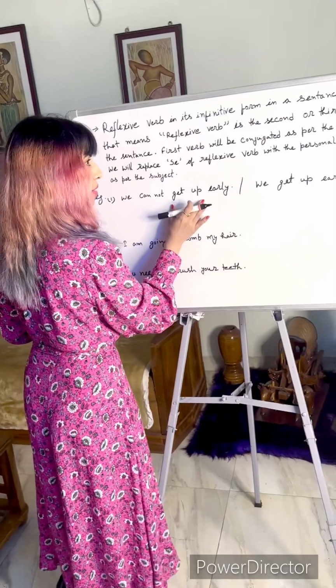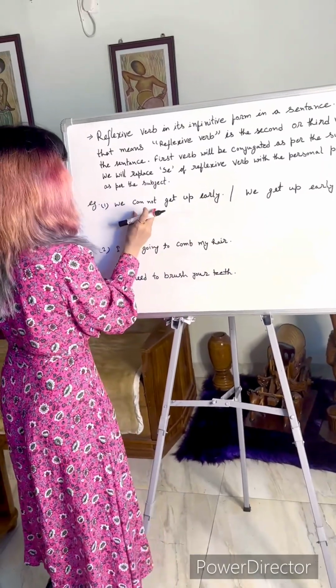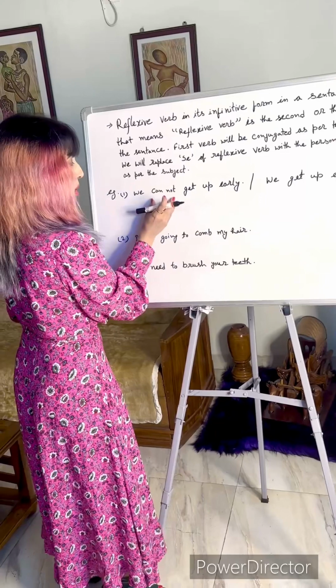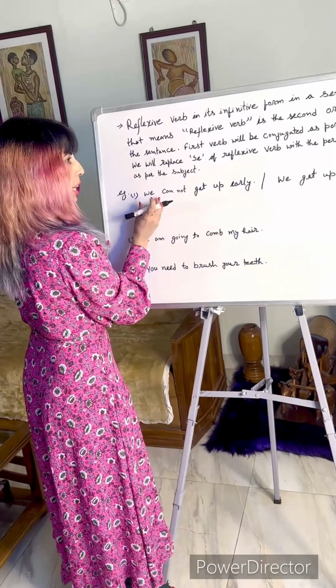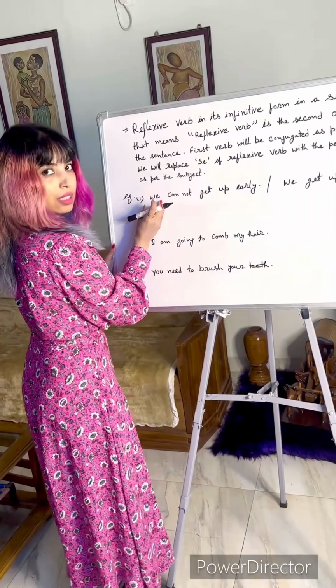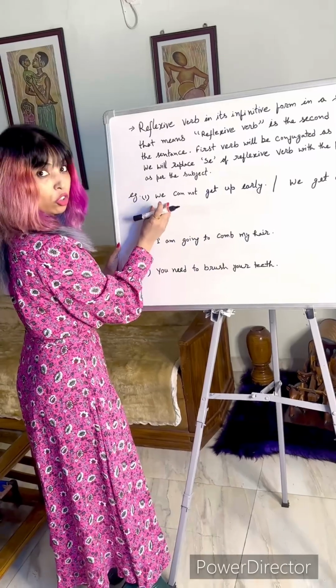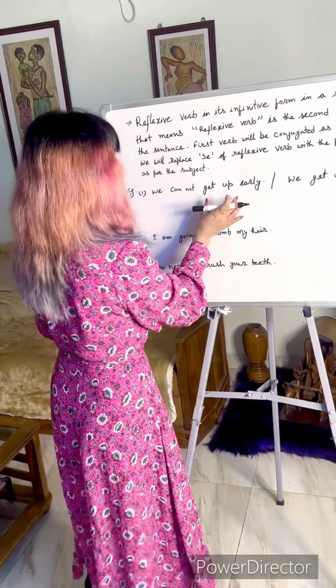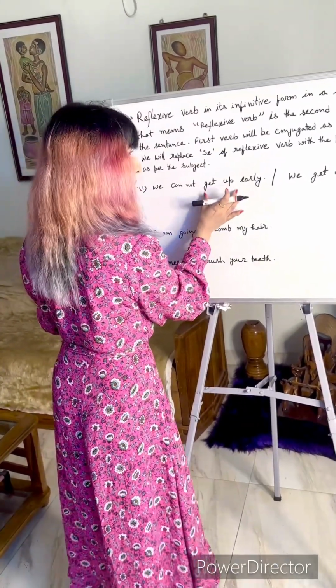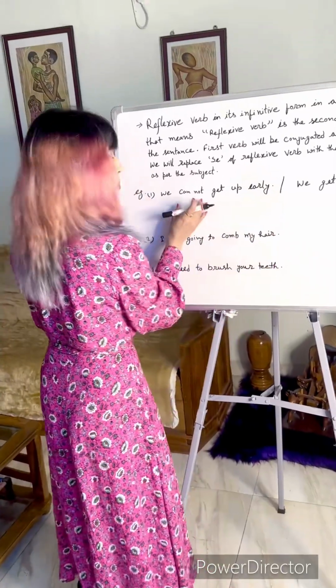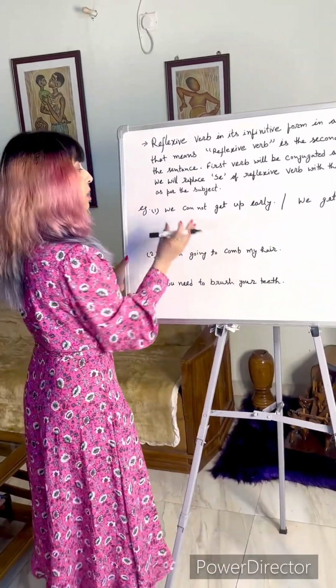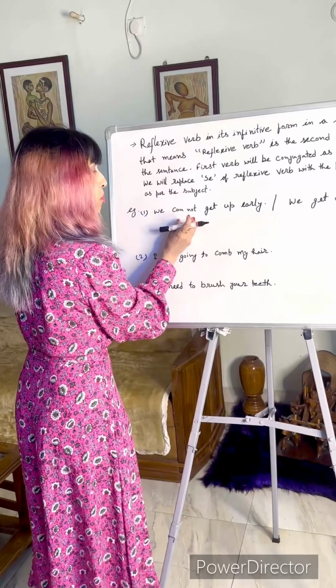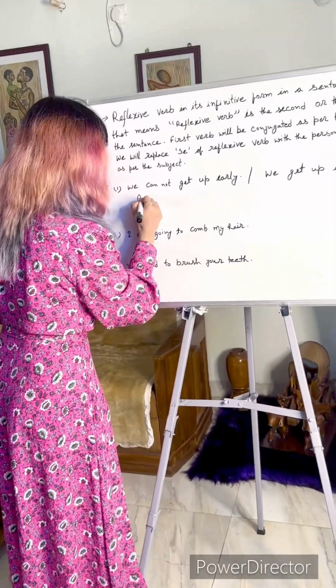So levantarse. And our first verb poder, we will conjugate as per the subject here, we, nosotros. Levantar is an AR ending regular verb, poder is an irregular verb. So the nosotros form of poder would be podemos.